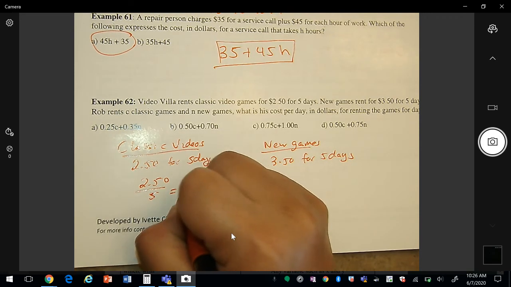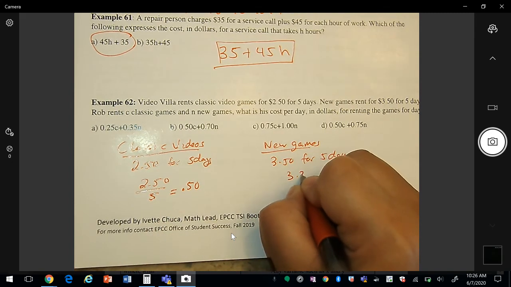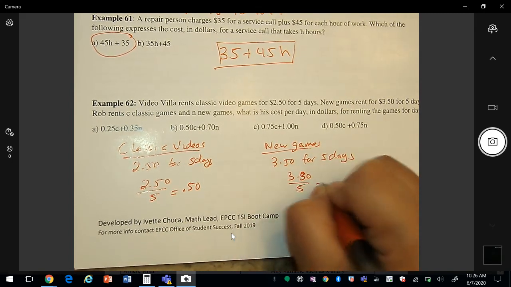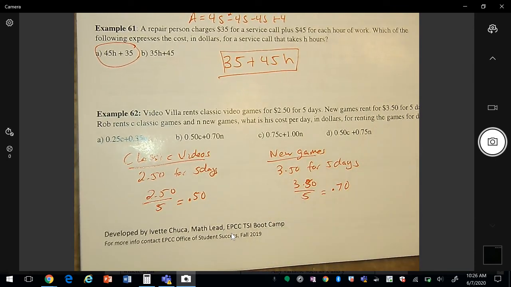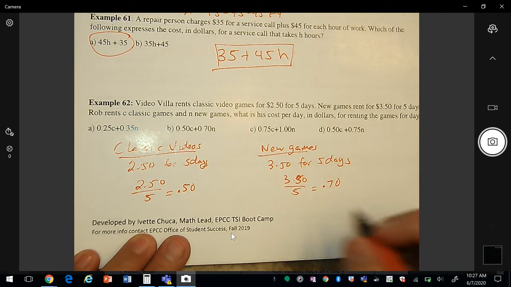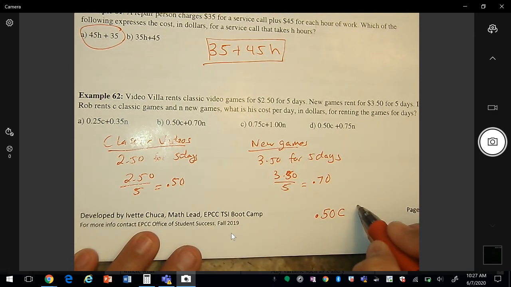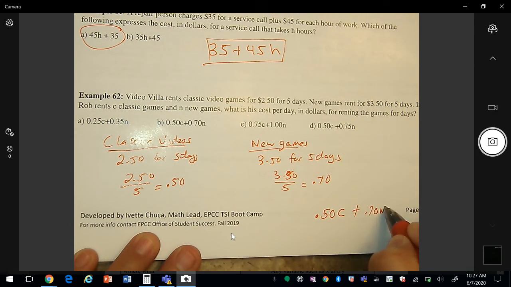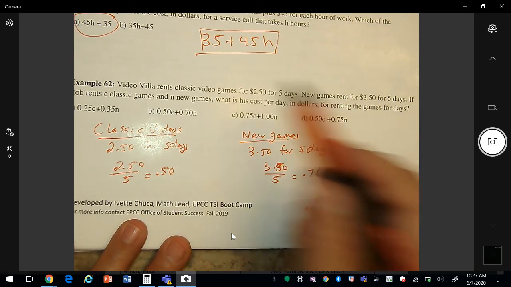So that would be 0.50. And 350 divided by 5 is how much he pays for the new games. So 0.70. So it says Rob rents c classic games. So that's 0.50c. And new games. So that's plus 0.70n new games. What is his cost per day? So this would be his cost per day. Letter B.